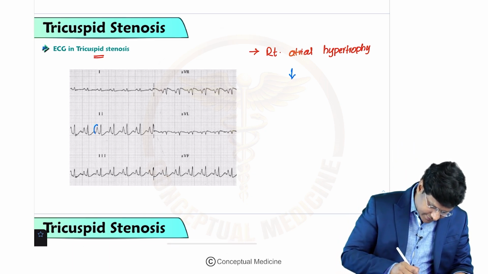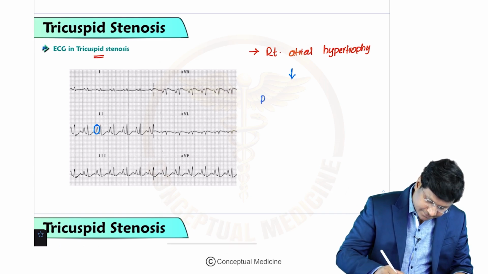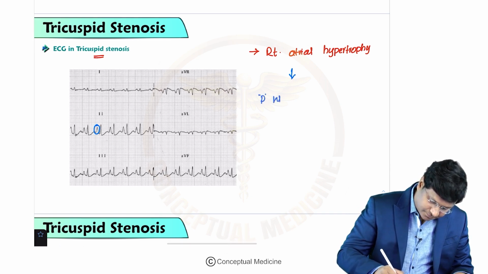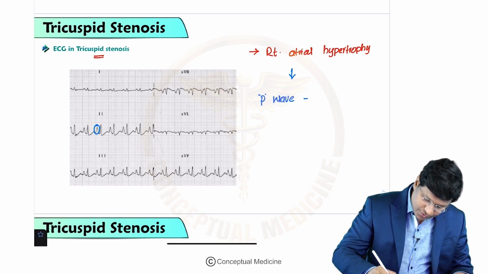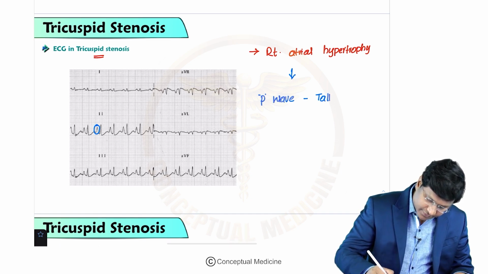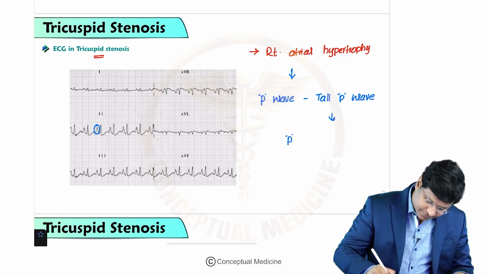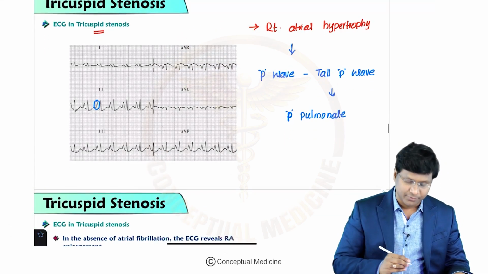You can see that in the P wave. You will have a tall P wave, and this tall P wave we call P pulmonale.